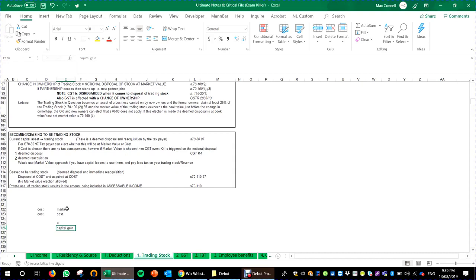Right, and this depends on your situation. For example, you might have a lot of capital losses that you might want to offset, so it can be advantageous to actually trigger the capital gain then and there. If not, if you've chosen cost, all that means is the value of that trading stock is going to be lower almost in every scenario. Let's say we bought at 100 and the market value is 200. What's going to happen now is that the cost is going to be the value of your trading stock.